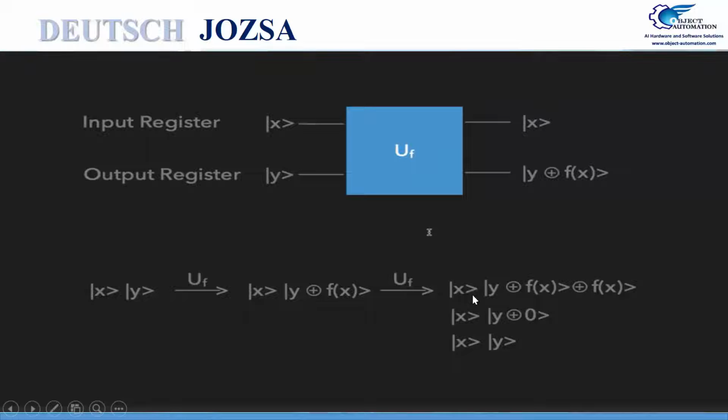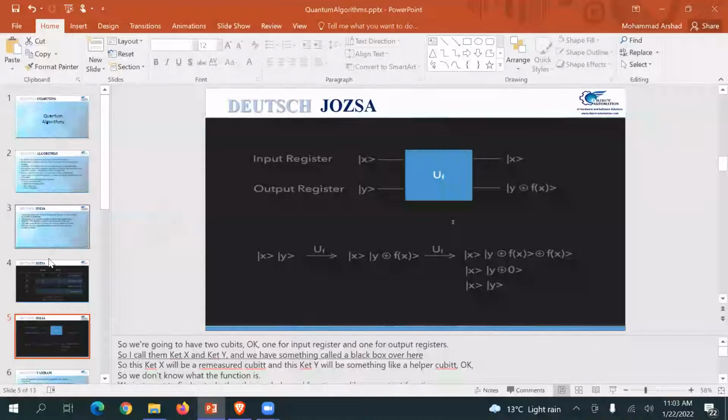We see that we have ket x, and when we do an XOR of f(x) with itself, we get 0. So f of x XOR f of x becomes 0, and when we apply 0 with ket y, it gives the same result. So what we understand is that applying a function and then applying the same function brings us back to the same state, correct? Now let's understand this with the quantum algorithm.